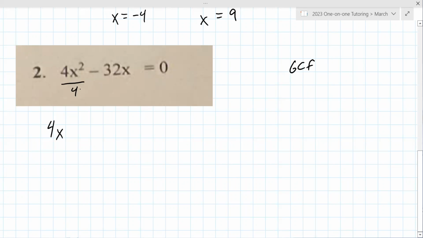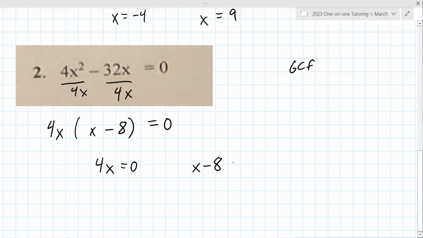So you divide both of those by 4x. And that's x minus 8 equals 0. And you set both of them equal to 0. 4x equal to 0. X minus 8 equal to 0.